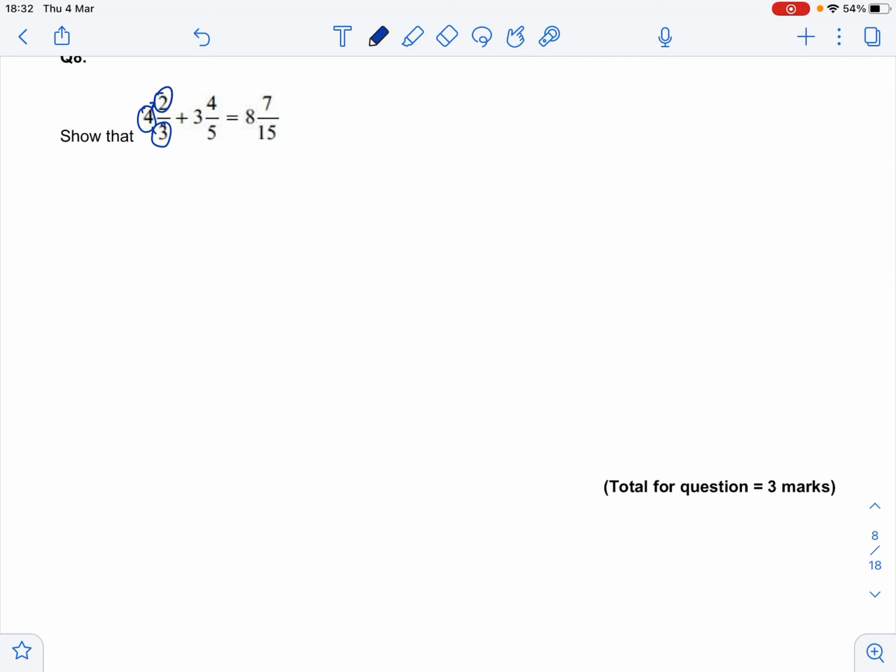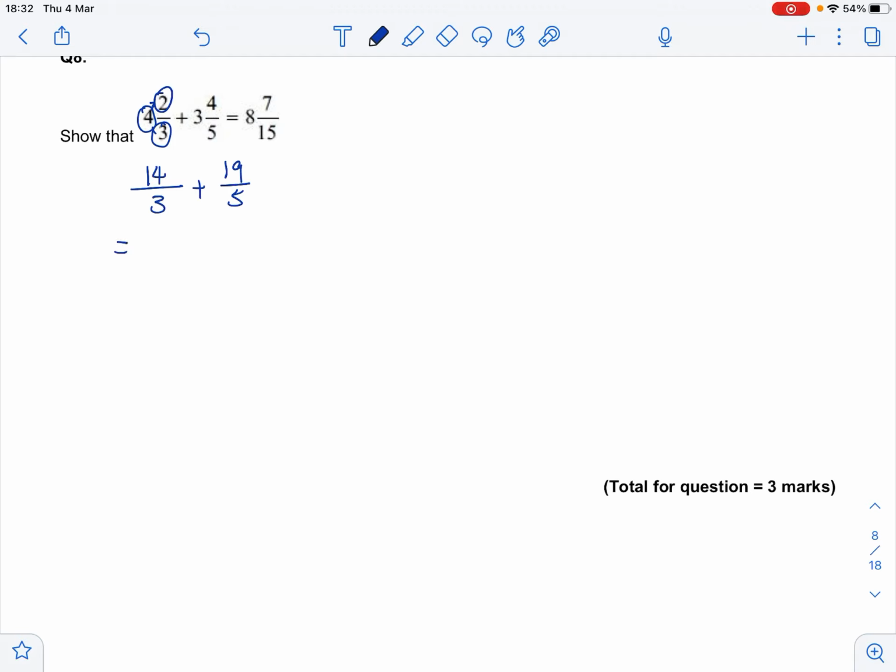So 4 times 3 is 12 plus 2 is 14 over 3, plus 3 multiplied by 5 is 15 plus 4, which is 19.